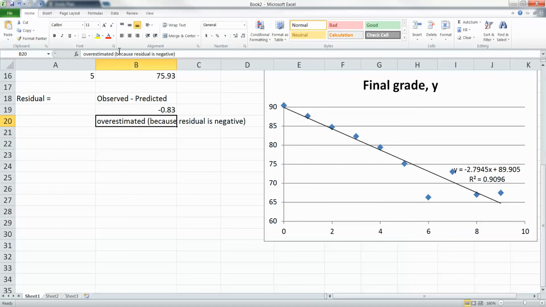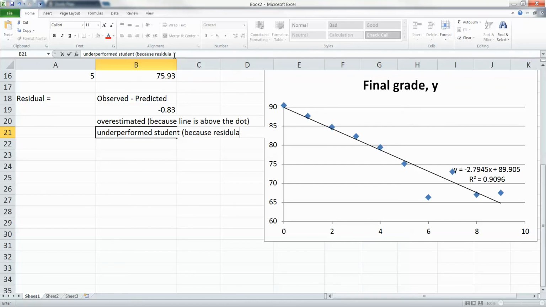Sorry, I was losing track. The estimate is the line itself, and the line is over the dot, so we overestimated. Or you can think of it as the student underperformed, again because the residual is negative, i.e. the line is above the dot.